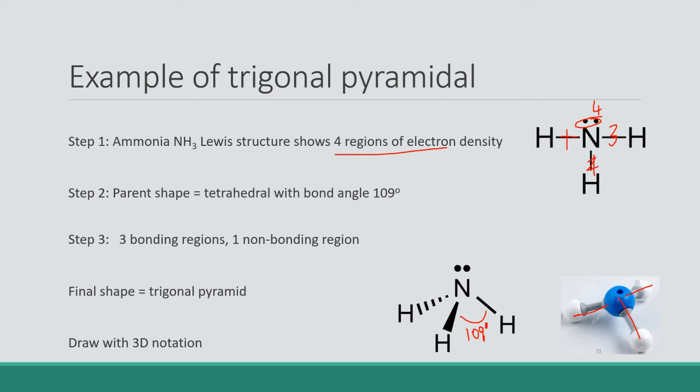And you can see this picture here is the 3D notation. We've got nitrogen, the lone pair, one that is flat, one towards us and one behind us, and that gives us the 3D shape.